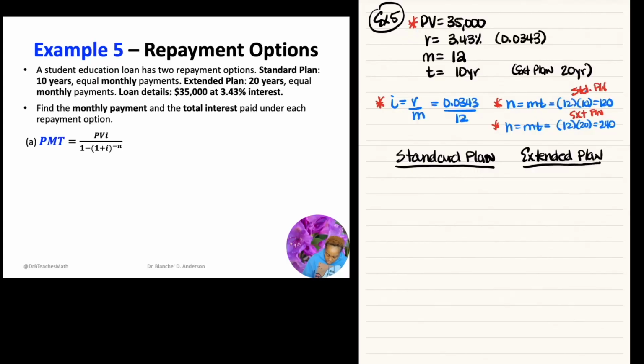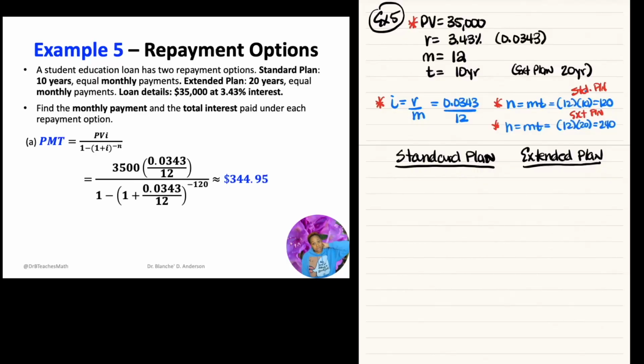Okay. So I'm not going to plug in. I'm just going to show you on the screen here. So if you look for the standard plan, you would take the 30. Keyed that wrong. That should be 35,000. You see that? It says 3,500. That should be 35,000.